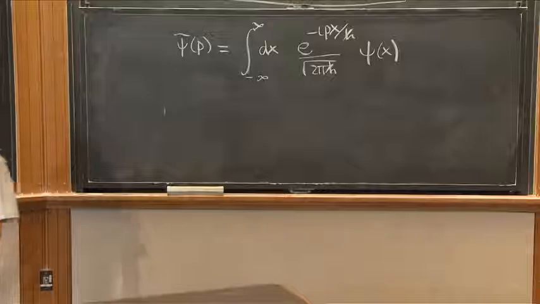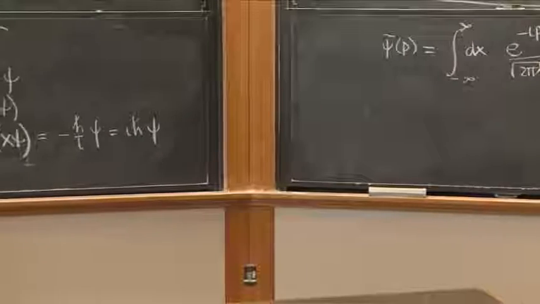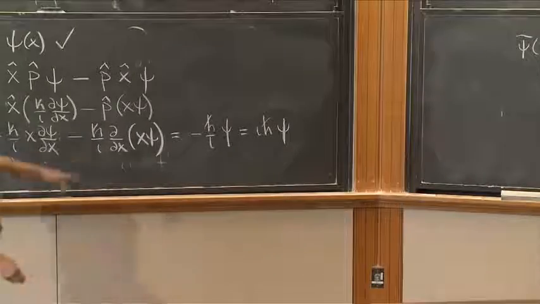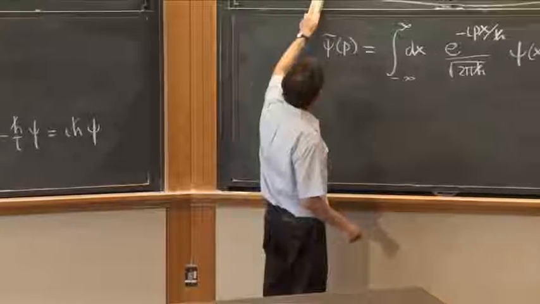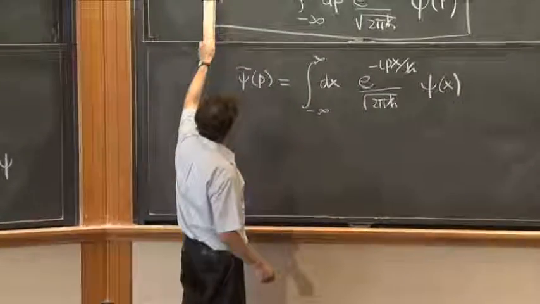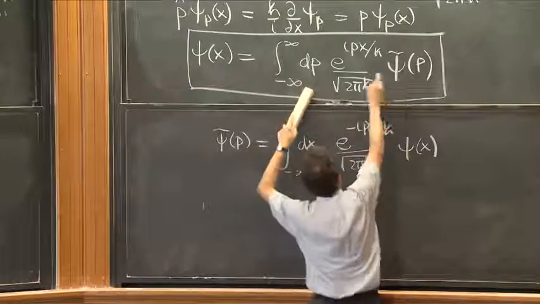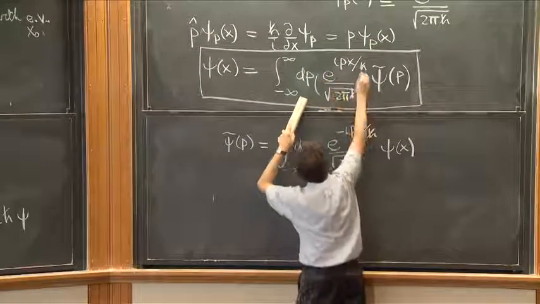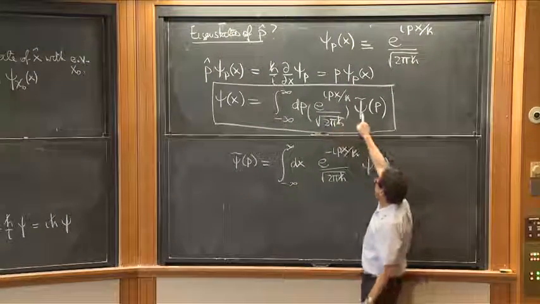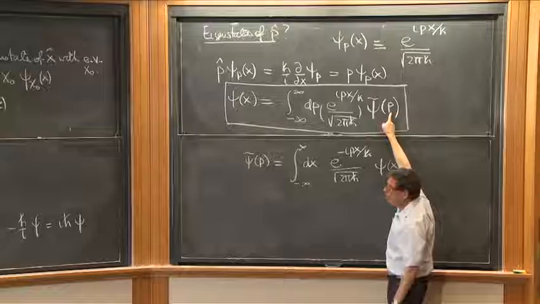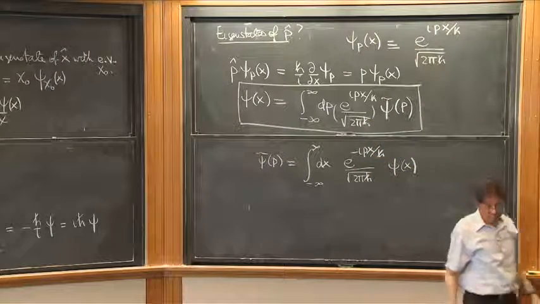So let's ponder these equations for a couple of minutes. As a physicist, you think of this as telling me that any wave function could be written as a superposition of momentum eigenstates. Here are the momentum eigenstates, and for each value of momentum, you have some coefficient that tells me how much of that momentum eigenstate I have.